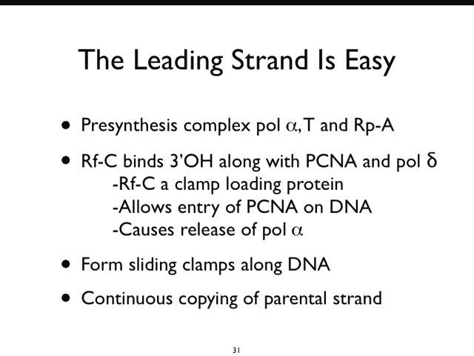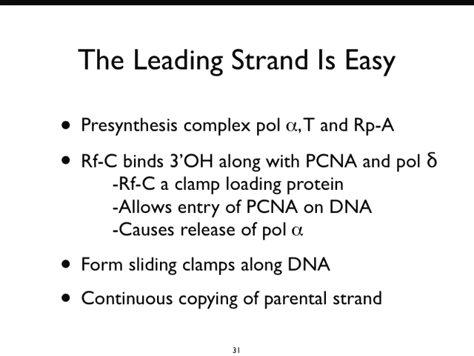Replication factor C binds the product of polymerase alpha at the 3' hydroxyl, along with a protein called proliferating cell nuclear antigen. And this is a clamp. That is, it's a ring structure that sits on the replicating DNA molecule. And in order for that clamp to get on to the DNA, it requires replication factor C. So C is called a clamp loading protein.